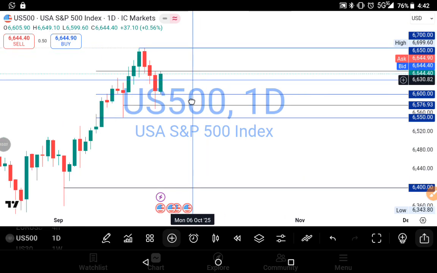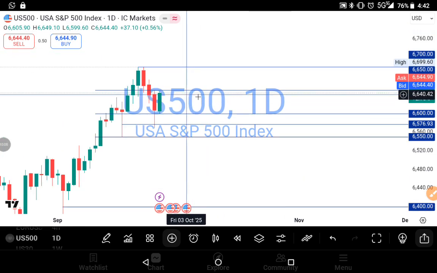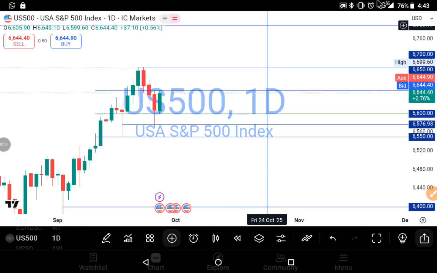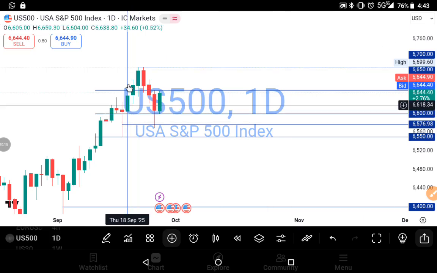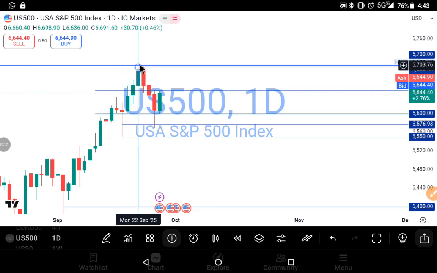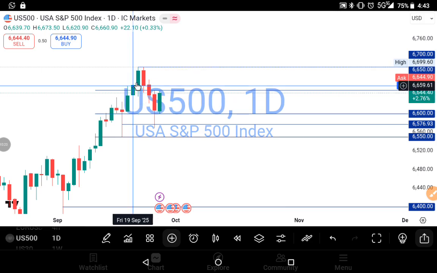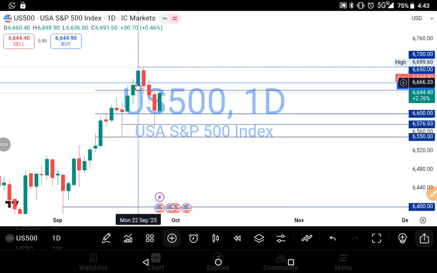And if you can go beyond it, 6700 has been what? It has been delivered now. It has been delivered because the market was short of some pips.